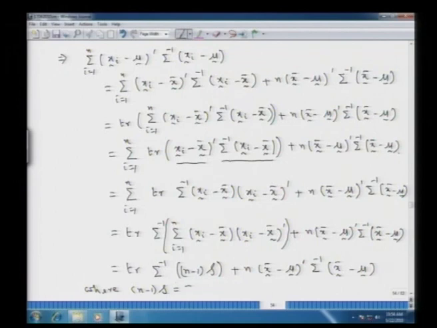So that is equal to summation i equal to 1 to n (xi vector minus x bar vector)(xi vector minus x bar vector) transpose.